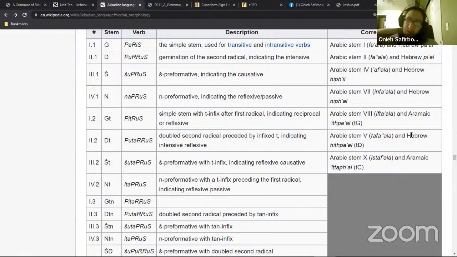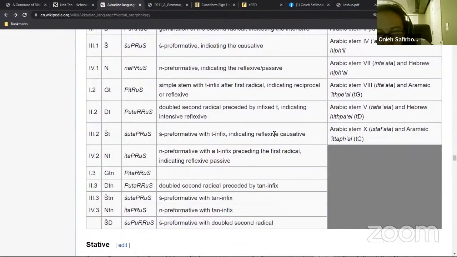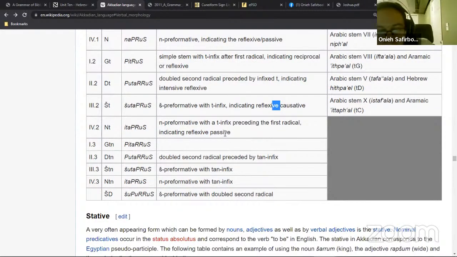Okay, this is what they say the Hebrew corresponds with. Reflexive causative. Okay, apparently there are multiple different types of reflexives. There's just regular reflexive, and then intensive reflexive and causative reflexive. Then there's reflexive passive.